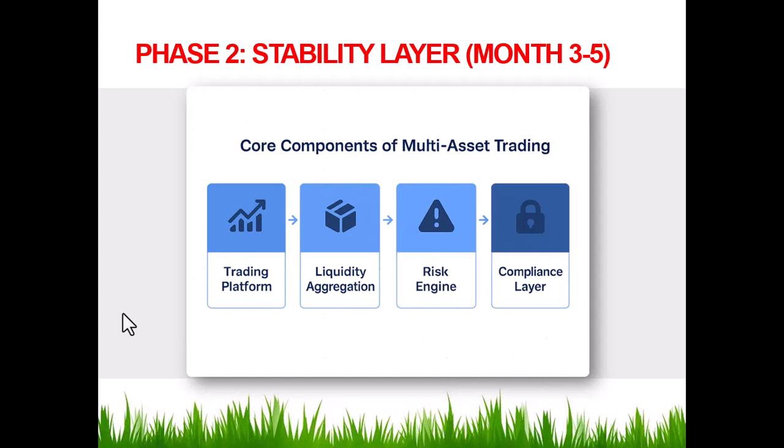Remember, the first one covered what you'll be doing from your first month to the second month. Once you've done that properly, the next thing is the stability layer, which is what you'll be focused on from the third month to the fifth month, right?